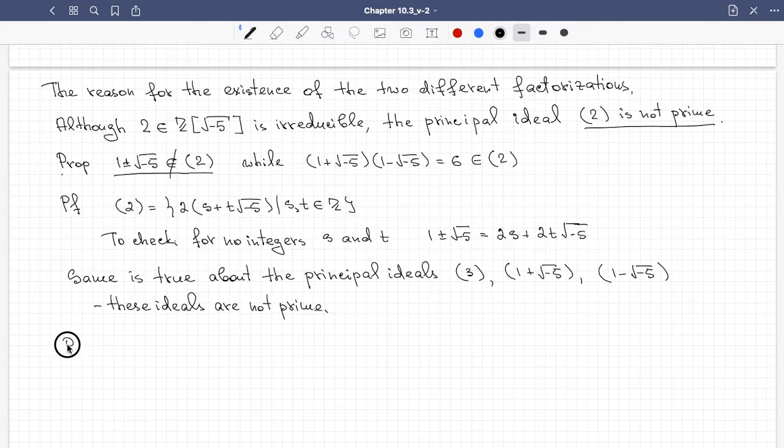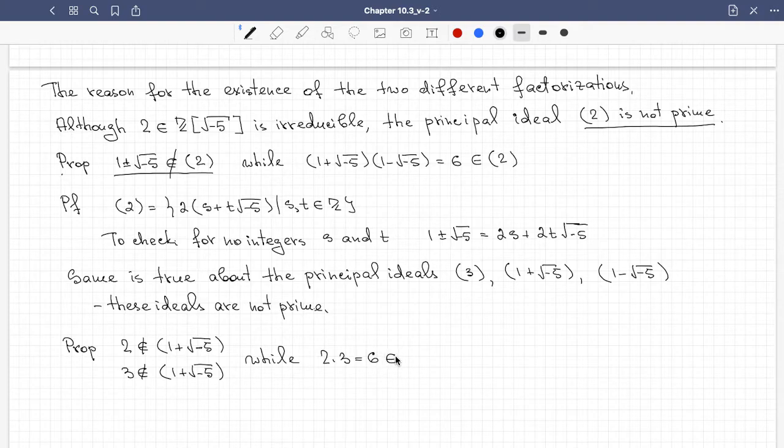So a similar proposition will be: 2 is not in the ideal 1 plus root of negative 5, 3 is not in the ideal 1 plus root of negative 5, while 2 times 3, 6, is an element of the ideal 1 plus root of negative 5.